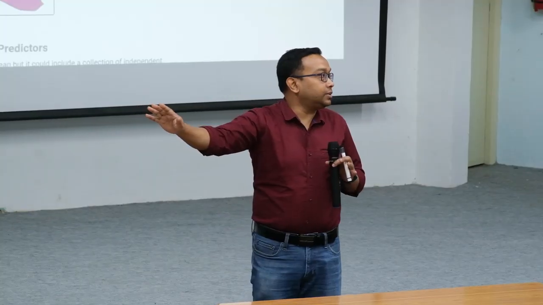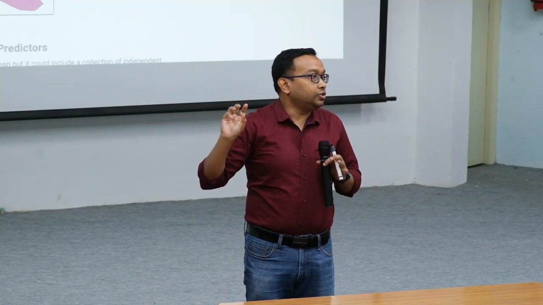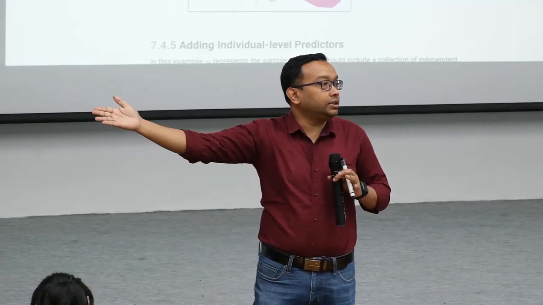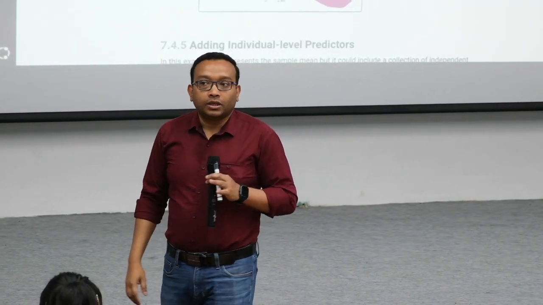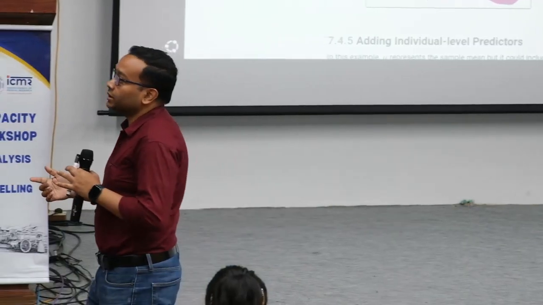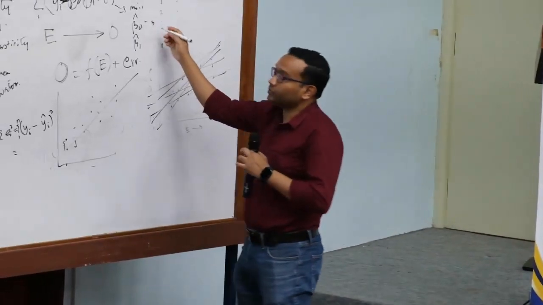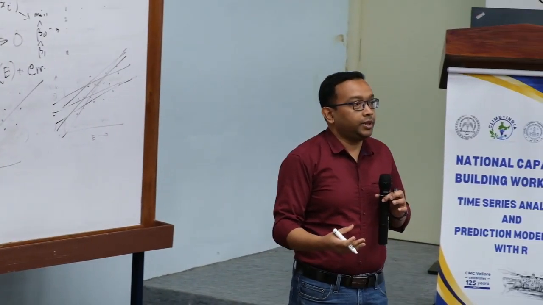Anyone has any doubts up to this? Because this is a fundamental concept. You do not need normality assumption for estimating the parameters of a linear regression. I just showed you how to do it, and there's no normality assumption here. So why do you need the normality assumption? It is for confidence intervals. How well are you estimating beta naught and beta 1?